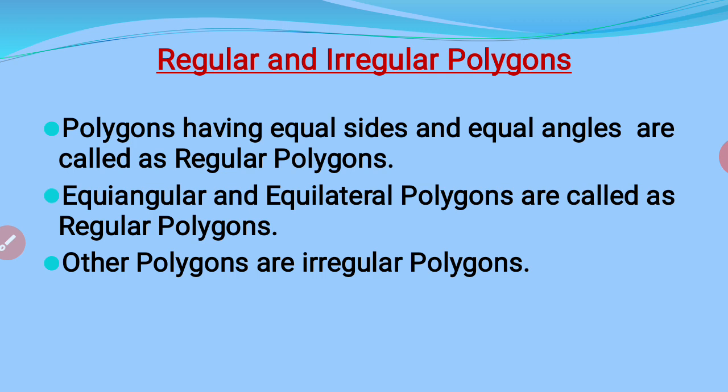It can be further stated as equiangular and equilateral polygons are called regular polygons. The meaning is the same, the words are different. Equiangular means having equal angles and equilateral means having equal sides. So in a regular polygon, all the angles are equal and all the sides are equal. The third point is other polygons are irregular polygons.